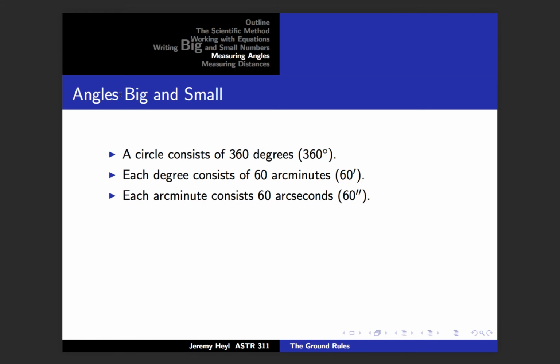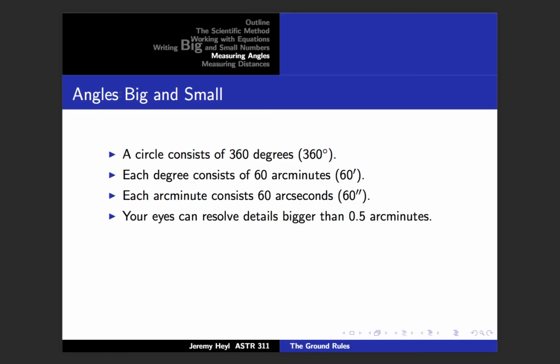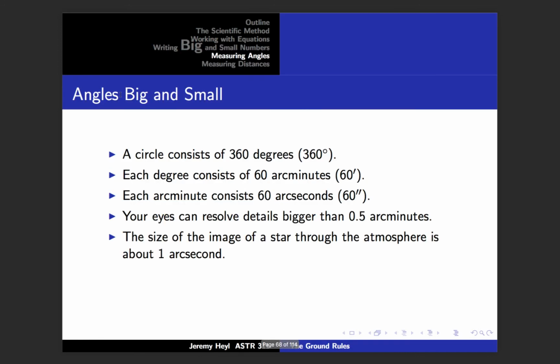So we can think of really small angles in astronomy, and we will have to think of really small angles. Your eyes can resolve details bigger than half an arc minute, so 30 arc seconds. All right. And if we use a telescope and look at a star, the star won't appear to be just a point of light.